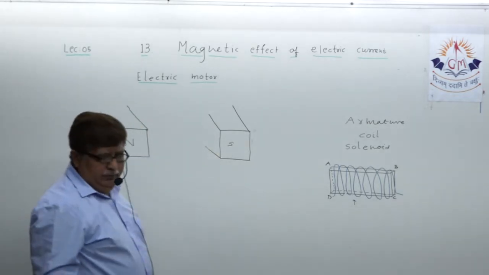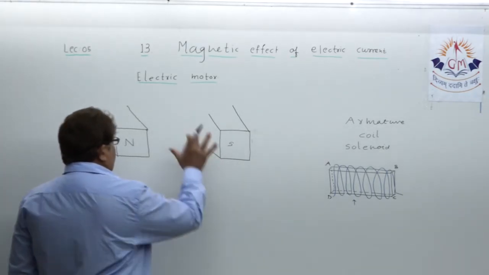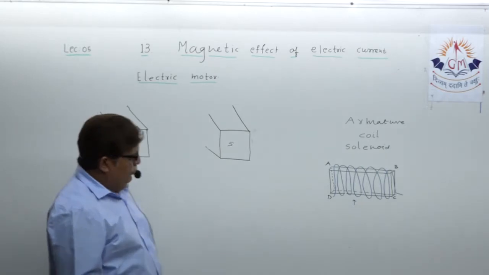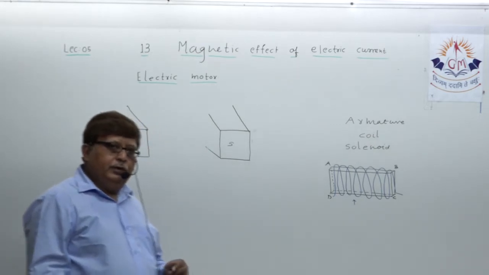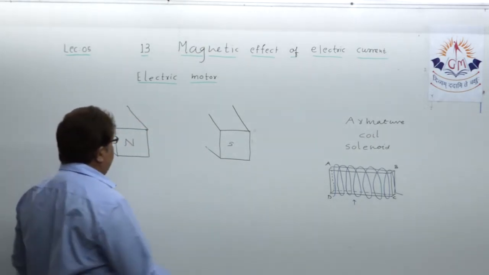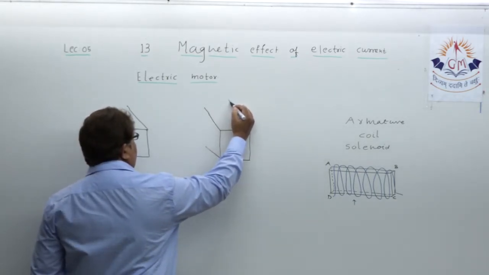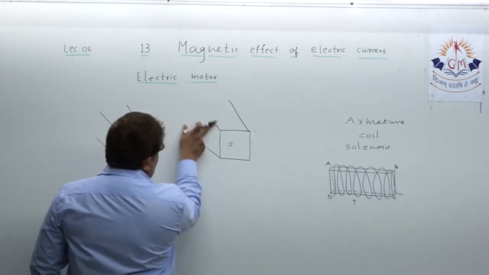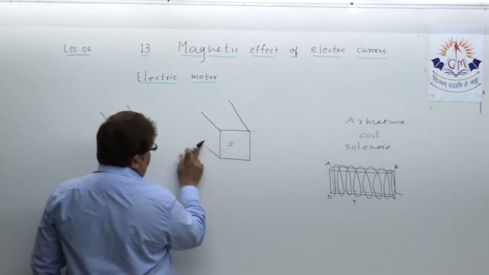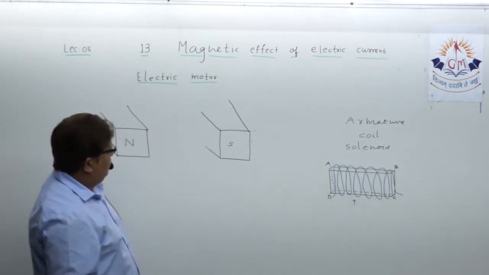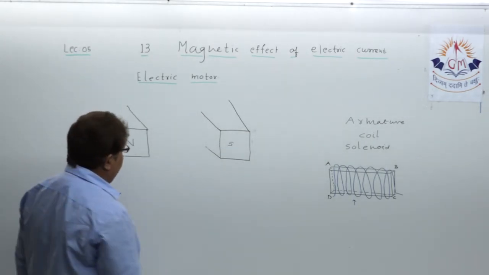Okay, now dear student, try to understand, inside the magnet we are going to keep a rectangular coil of wire. Okay, inside the magnetic field of this powerful horseshoe magnet we are going to keep a rectangular coil of wire.